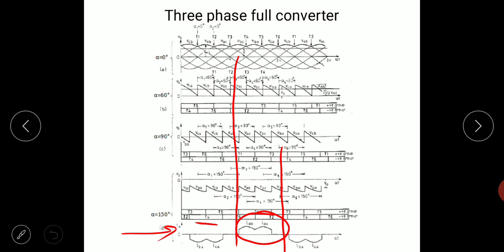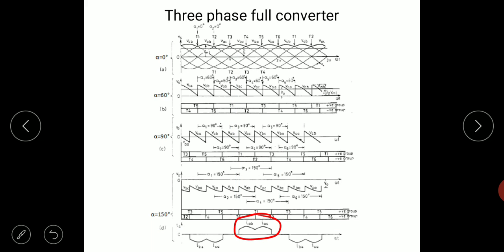But if we check our thyristor current, it will be positive only. It will not be negative. The positive current flowing through the thyristor will be for a duration of 120 degree in 360 degrees.